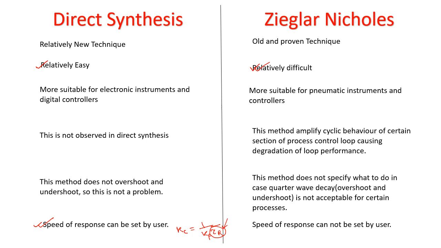So basically through the Ziegler-Nichols technique we cannot change the speed of response of the loop. So that is it. Nowadays direct synthesis methods are getting more and more popular, and they are getting more widely used compared to Ziegler-Nichols.